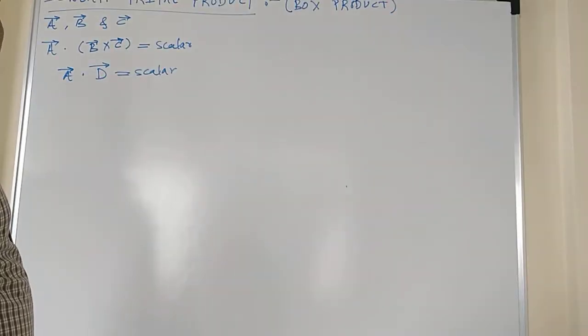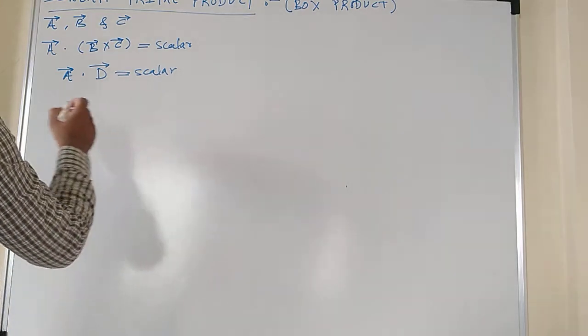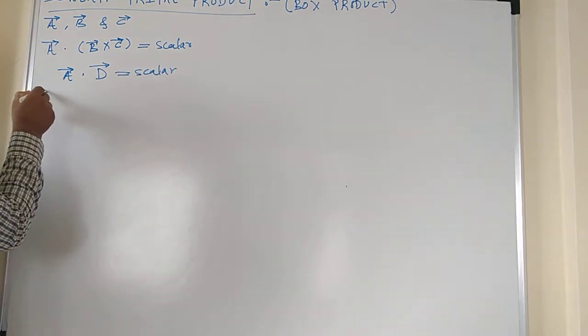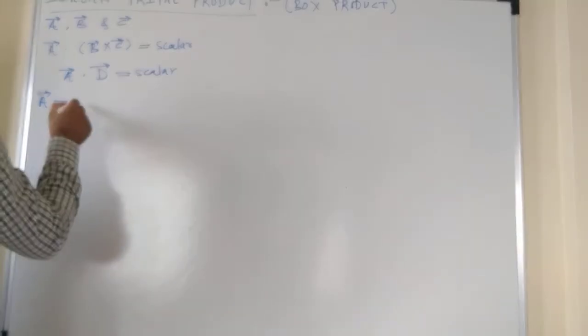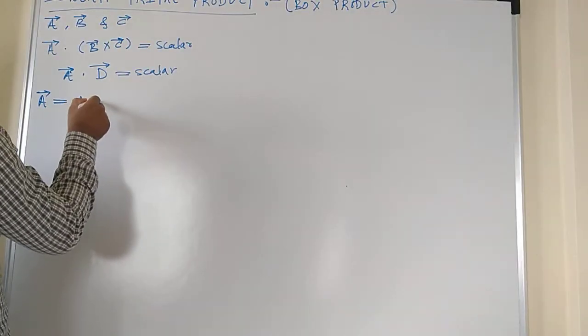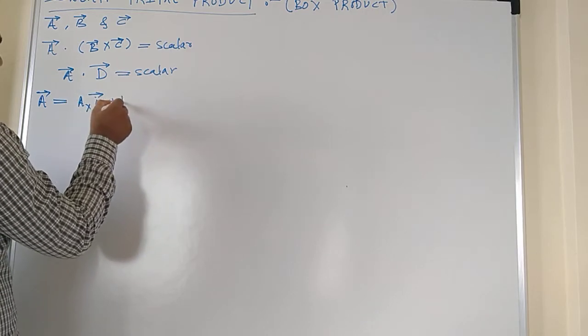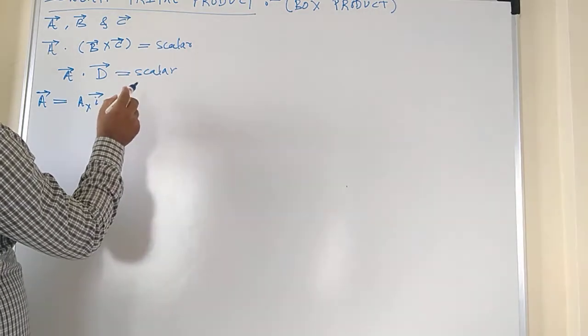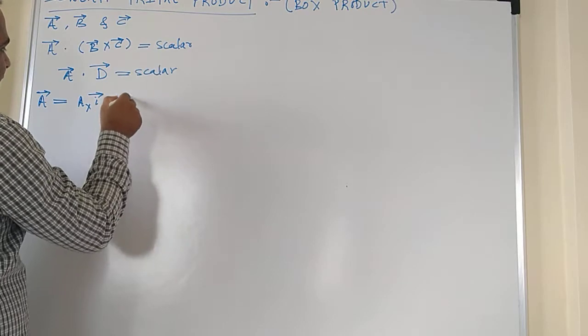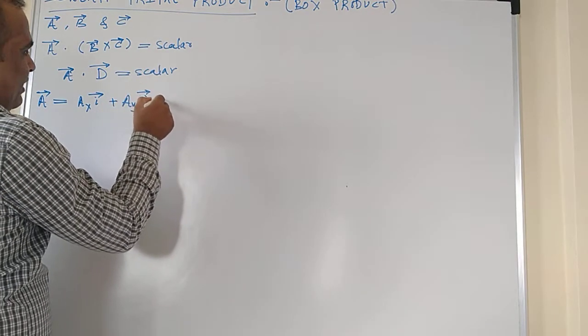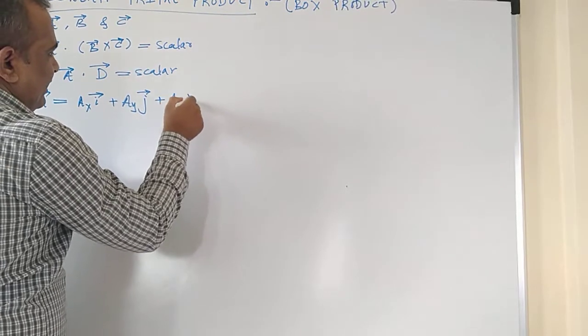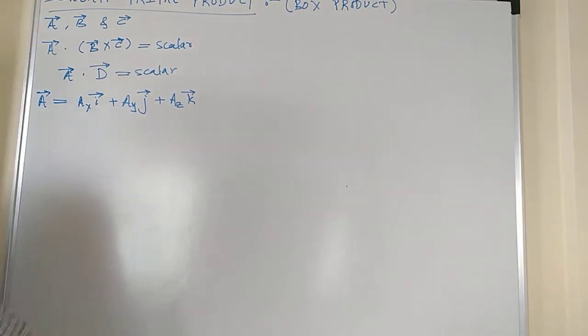Now let us consider the components of these three vectors, which we studied last time. The components can be written as a bar equals ax into i bar plus ay into j bar plus az into k bar. This is the first vector.